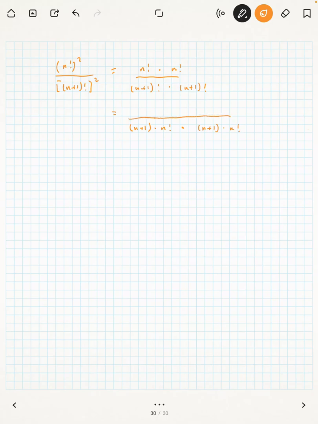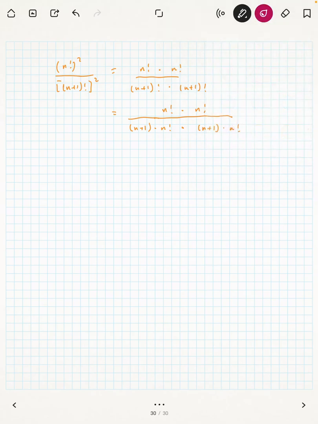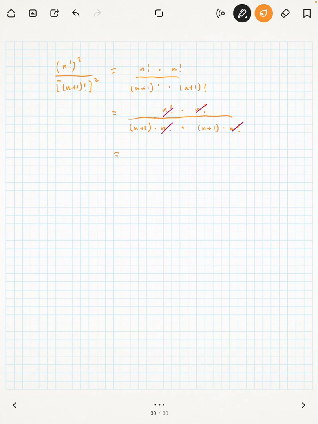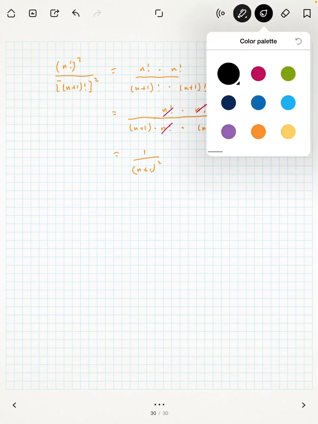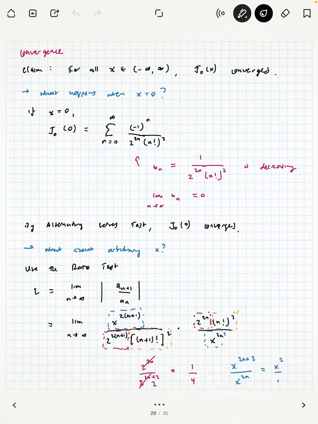So we'll have an n plus 1 times n factorial times n plus 1 times n factorial. That's all underneath n factorial times n factorial. Okay, don't get too scared of the factorials, right? It's still a number, it's something that we can work with. So these are identical, cancel them. You end up with 1 over n plus 1 times n plus 1. You end up with 1 over n plus 1 squared.